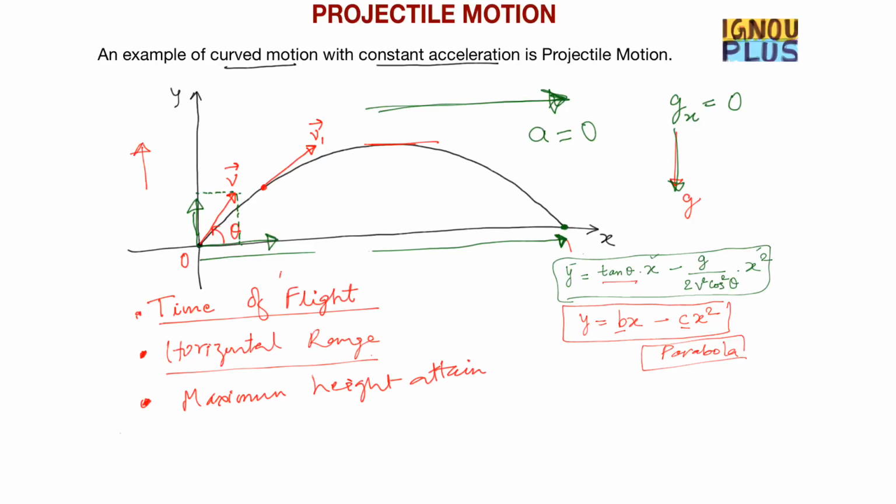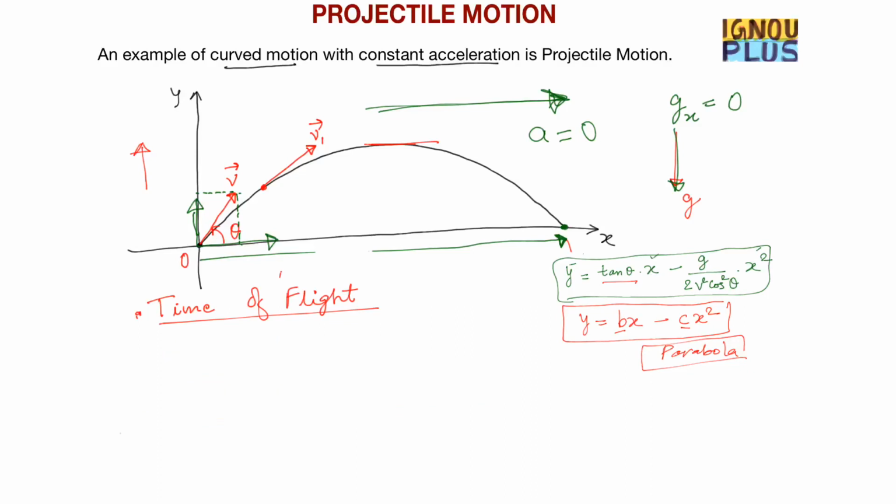So only three things you need to know. And we need to describe the motion, which we have already done, in x-axis and y-axis, and then we come to know that the motion of a projectile is actually a parabolic motion. Alright, so we will discuss time of flight, horizontal range and maximum height attained.